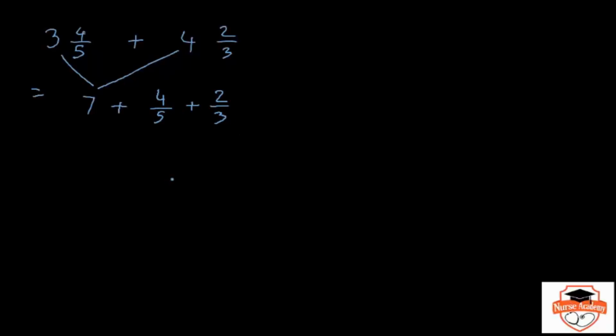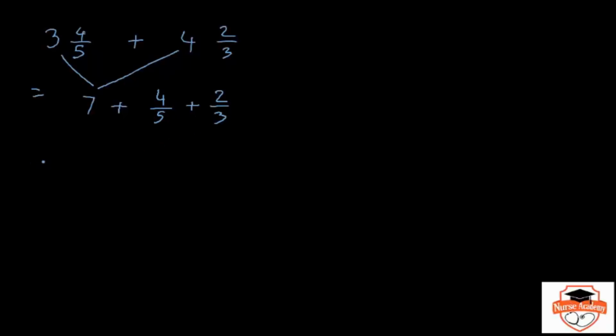Let's say you want to do 3 wholes and 4/5 plus 4 wholes and 2/3. So let's add the whole numbers together. 3 plus 4 is 7, plus we have a 4/5 plus a 2/3. The LCM of 5 and 3 is 15.